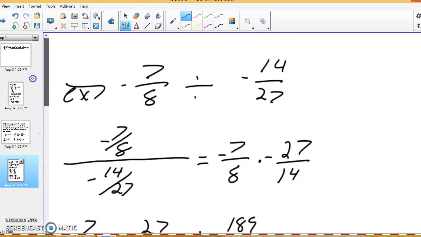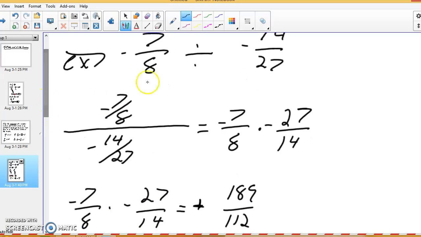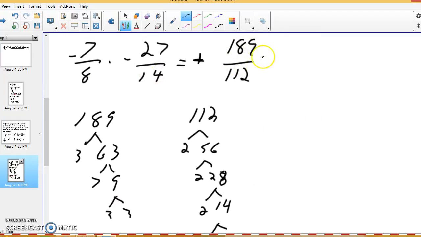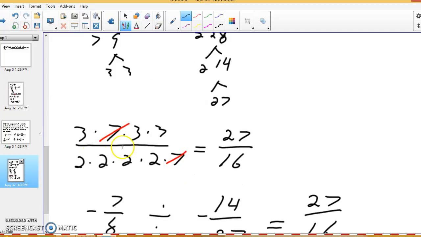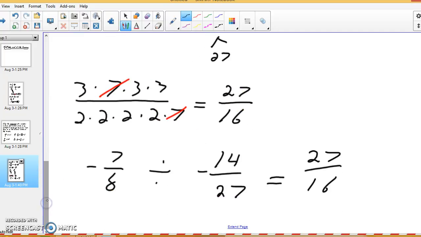And again, the way we found that was we set it up in fraction form. We multiplied the top by the reciprocal of the bottom. We multiplied those, got this number. We simplified that fraction by finding the prime factorizations of the top and the bottom, crossing out common factors, and we come up with this answer.